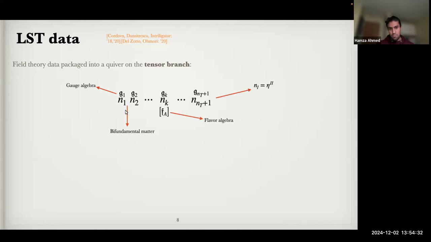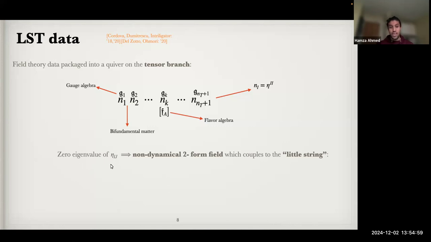And then you have implicitly some bifundamental matter between these gauge algebras, which needs to be there, remember, to satisfy the anomaly cancellation. And then you have some flavor symmetries potentially. So this is obviously true for the SCFT, the little string theory, and the supergravity theory once you go onto the tensor branch.